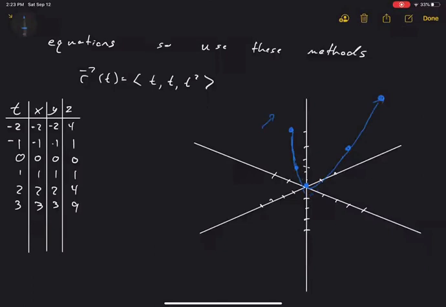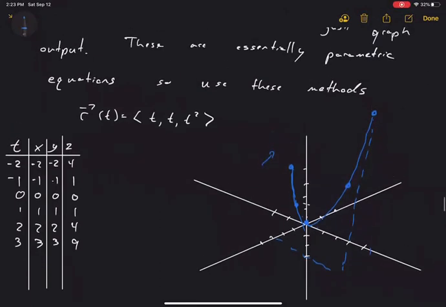Where is this point? It's more like here. So hopefully that gives you an idea of what that curve looks like.